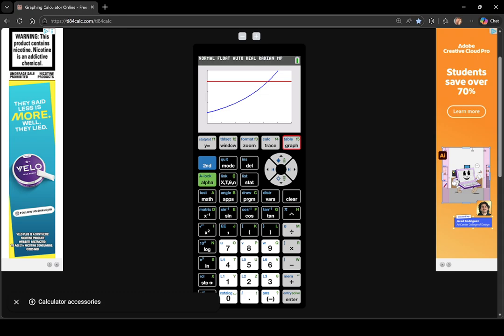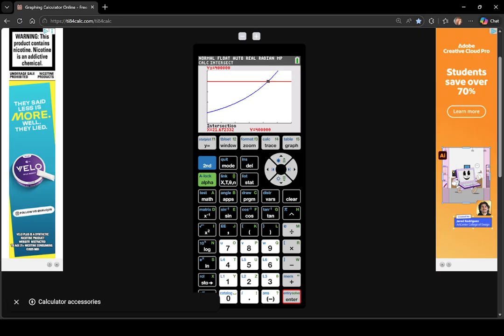Perfect. So now, second, calculate, and I go down to my intersection. Say, hey, where do these two things intersect? It asks me for the first curve, I hit enter. It asks for the second curve, I hit enter. I hit enter one more time, and there's our intersection, 21.67.